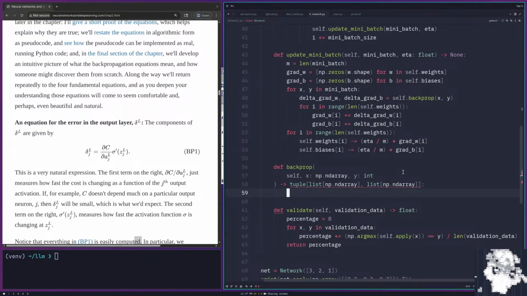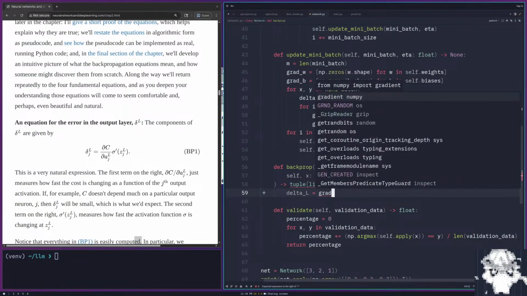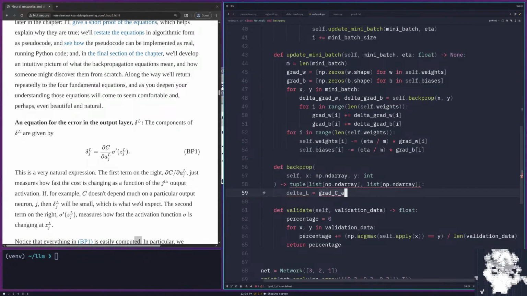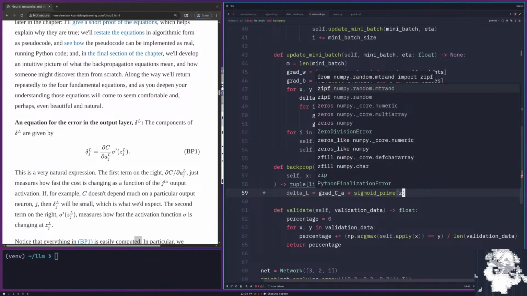So delta L, so delta of the last layer, is equal to, I don't know what to call this, but like grad C_a times sigmoid prime of z of the L.